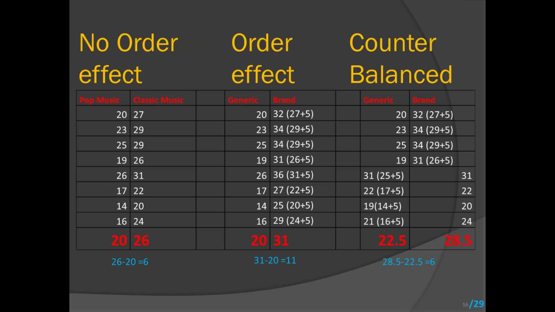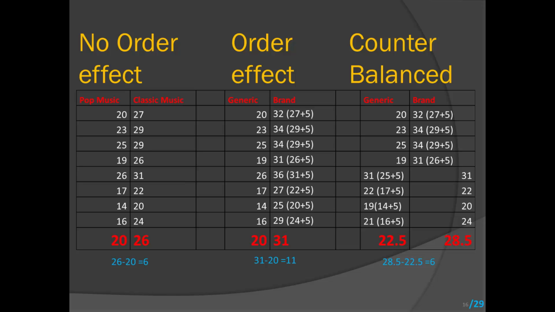For example, if you look at this chart, if you do a repeated measure using pop music and classic music as background music for studying, and you believe that listening to pop music has no effect on classic music, then most likely there is no order effect.